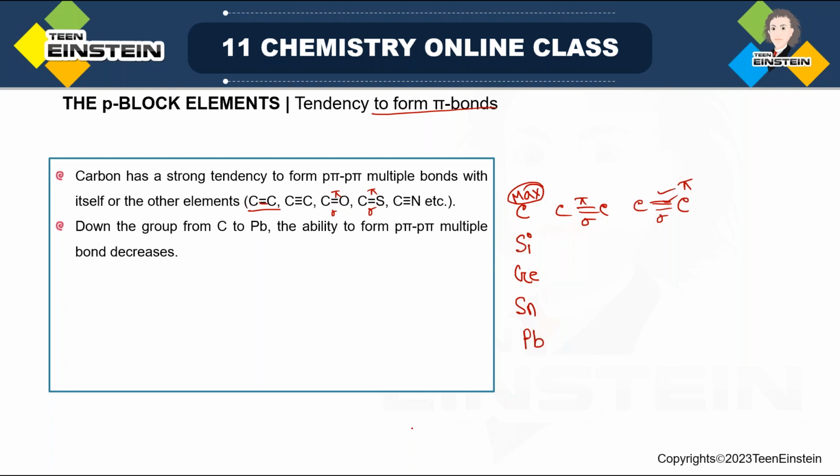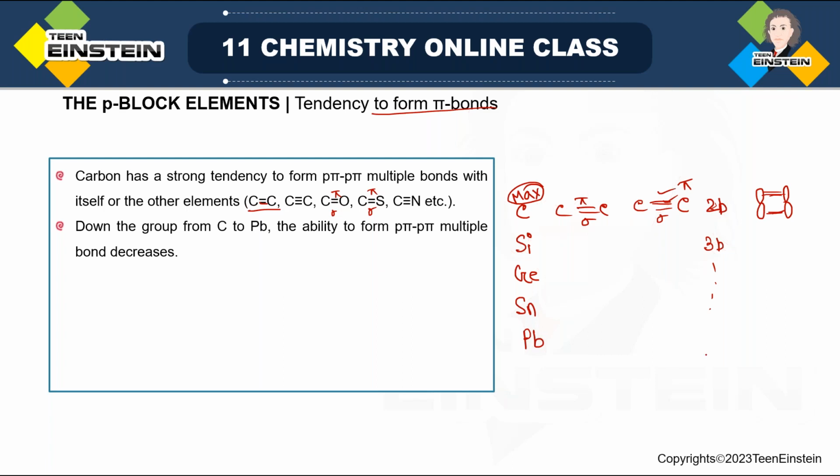And why is it so? Because when you are moving down the group, the size of the p orbital that will be involved is increasing. When it is carbon, it is 2p. When it is silicon, it is 3p, and gradually it will increase. Now when the size of the p orbital is very large, it is very diffused. Between two p orbitals, pi bond formation is sidewise overlap.